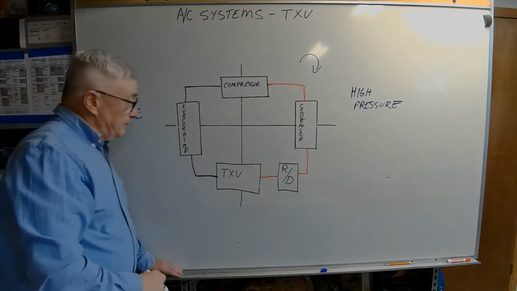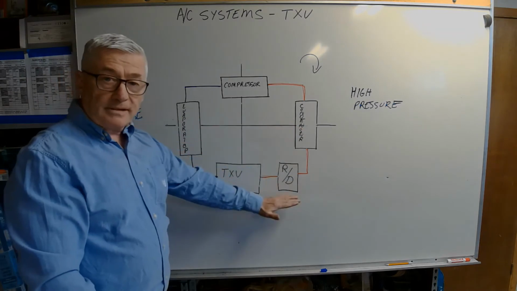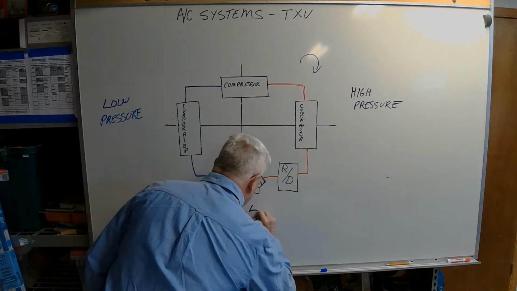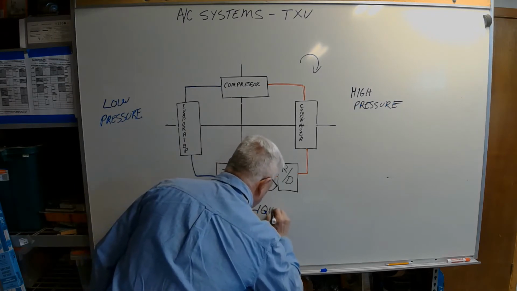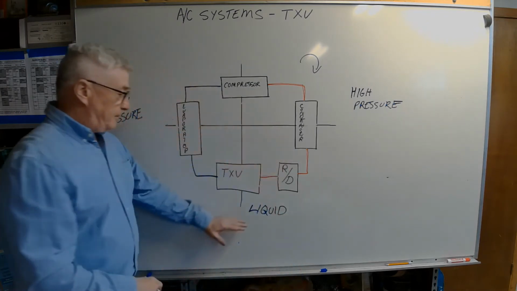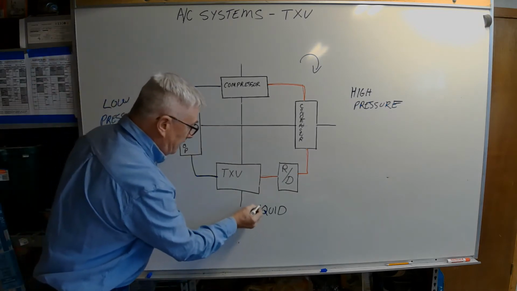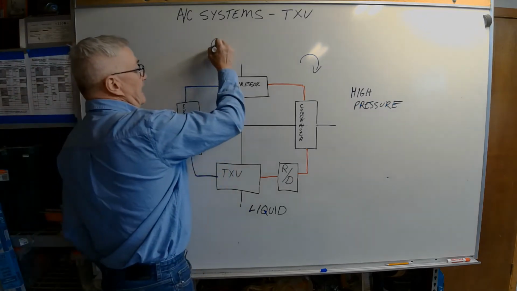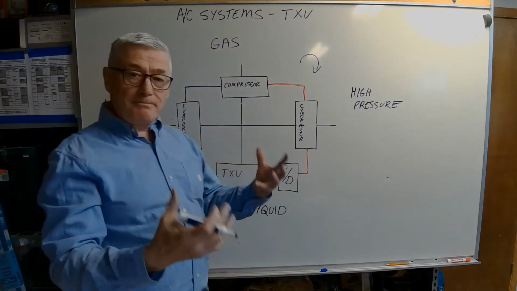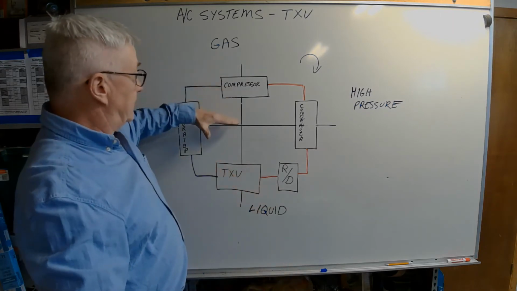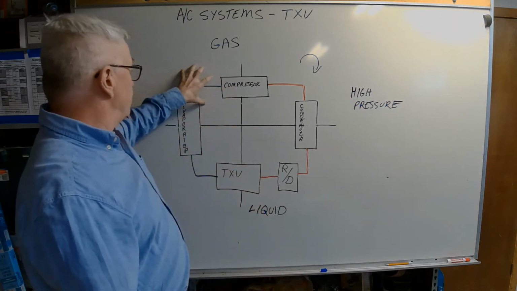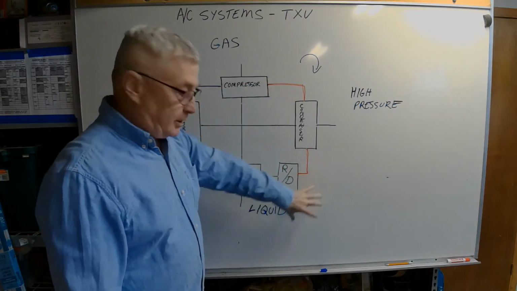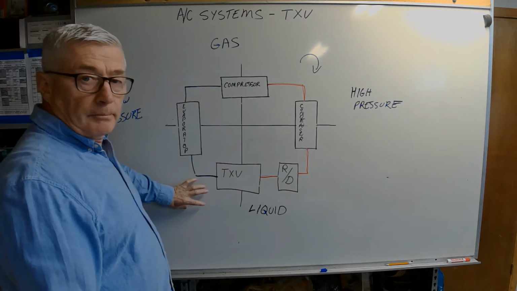On the bottom side of this horizontal line, everything should be a liquid, and everything above the horizontal line will be a gas. So that is the basic of it, right? And if you look at this side, it would be a low pressure gas, high pressure liquid, low pressure liquid. All right.